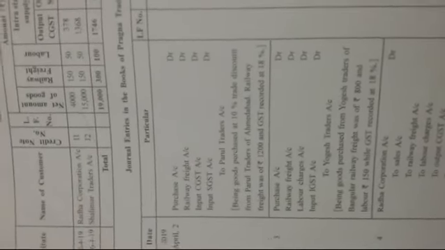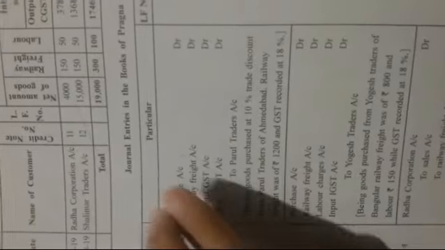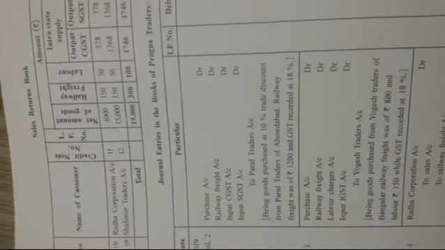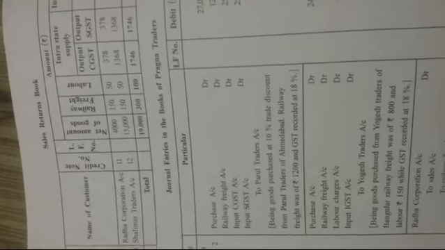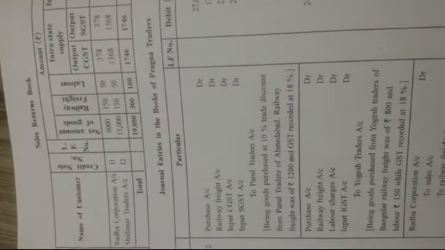Goods are returned by Radha Corporation, so write Radha Corporation here. Then credit note number is also provided, 11. Net amount of goods is already given in the question, 4,000. Then 150 is given for railway freight, so write it there. 50 is given for labor charges.